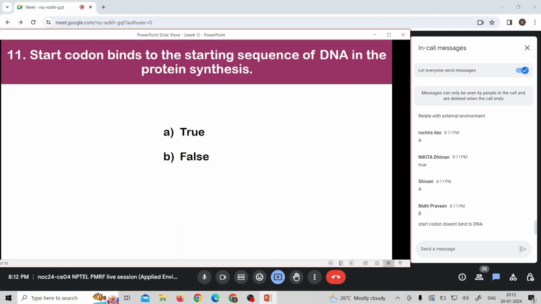And now we just have an mRNA template to which the ribosomes will come and bind, and the start codon or the tRNA is going to come and bind, right? So since we will be talking about RNA in the protein synthesis, this statement is false, right?